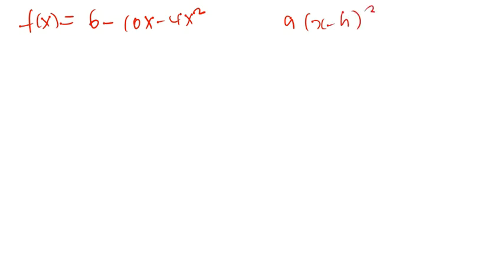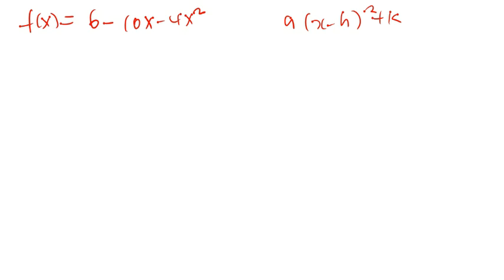So there we go. Let's say we have f of x equal to 6 minus 10x minus 4x squared. Then they ask you to write this in the form of a(x minus h) raised to the power 2 plus k, where a, h and k are constants.